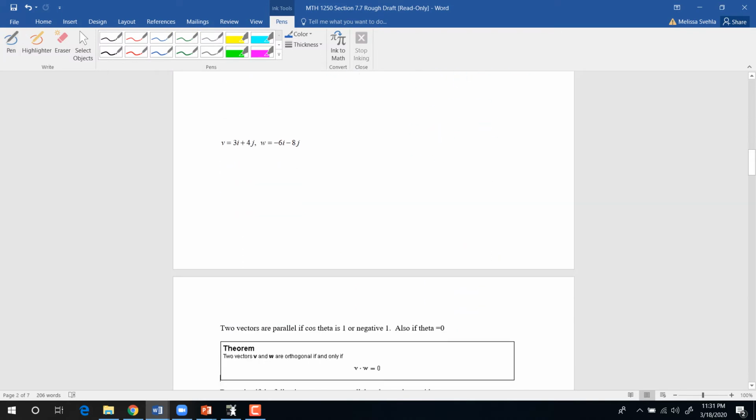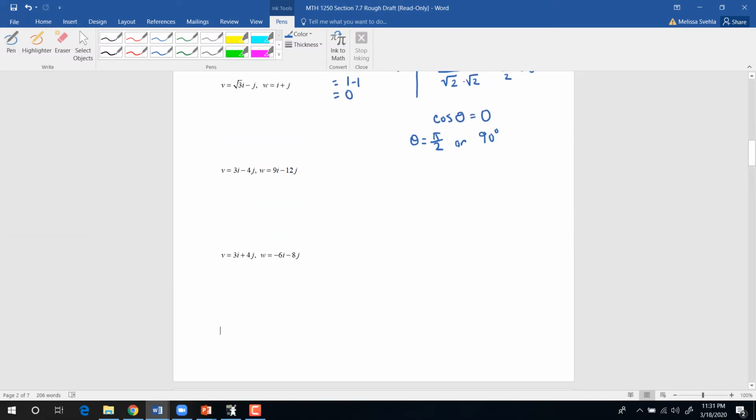Okay. Let's look at number 4, or this one here. So I'm going to do the following here. Same thing. It's going to be v dot w over the magnitude of v times the magnitude of w. So v dot w is going to be the following.